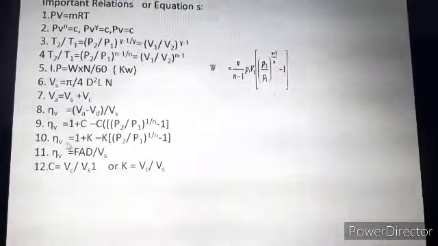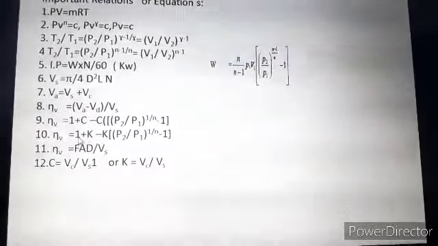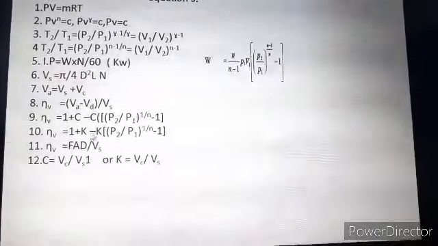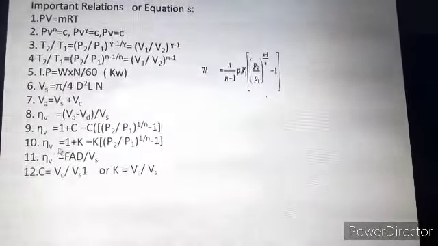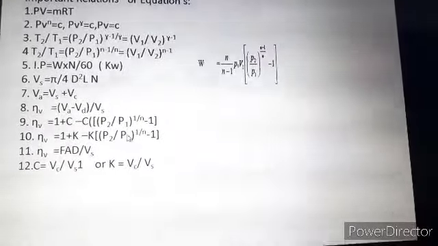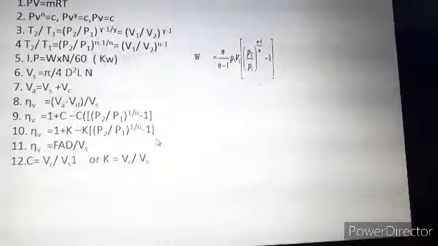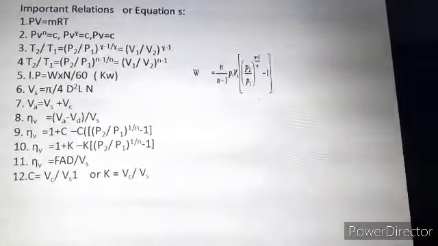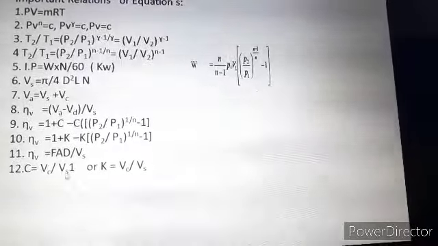Or in terms of capital K, the clearance factor, eta_v = 1 + K - K (P2/P1)^(1/n). The clearance factor C, or K, is the ratio of clearance volume to the swept volume.